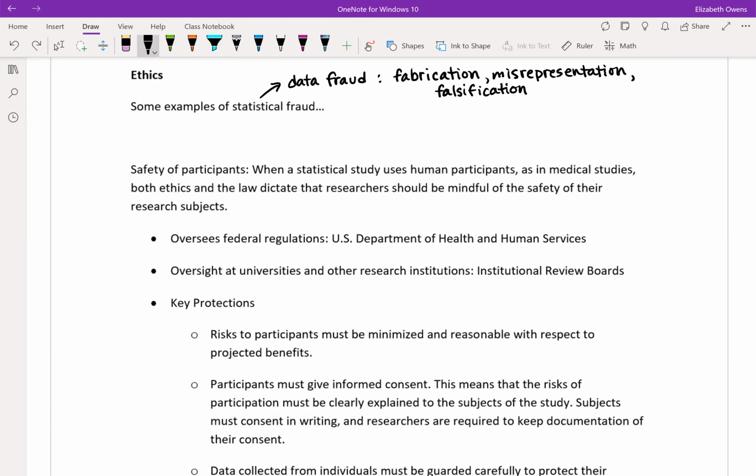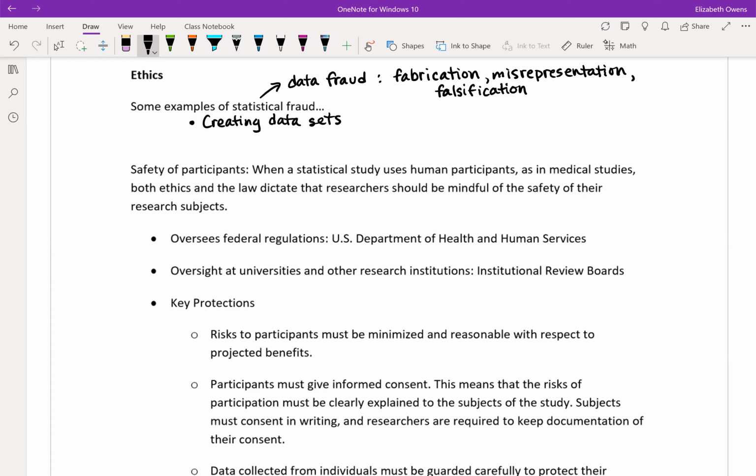And the book has some examples of one researcher in particular who was kind of notorious for fraud. So a lot of these examples come from that case study. But some examples of statistical or data fraud would be things like creating data sets that look nice for the results that you want to get.